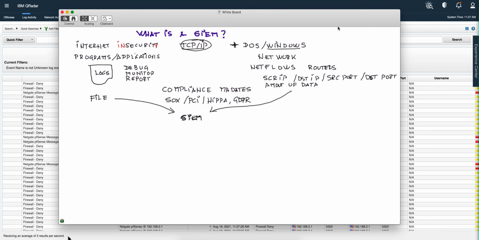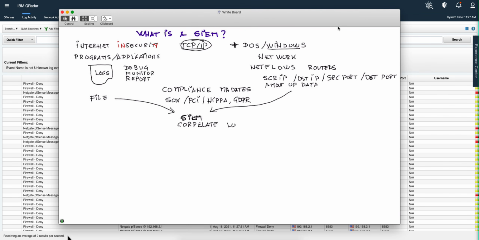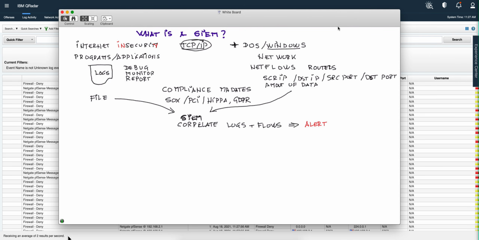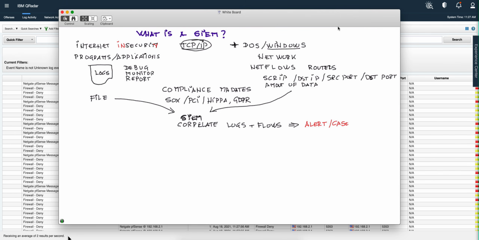The intention of the SIEM was to correlate, and more on this later, logs and flows and different logs and different flows in order to detect things that were suspicious, that were bad, that were out of place, and from that generate what some systems call alerts, others call cases.